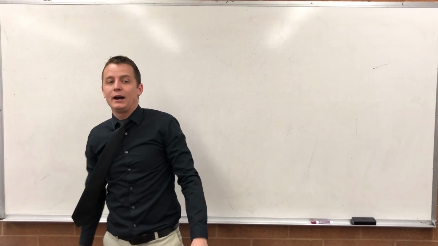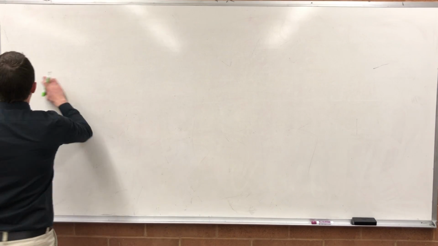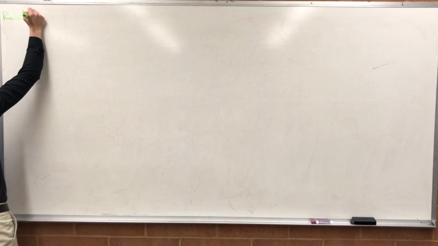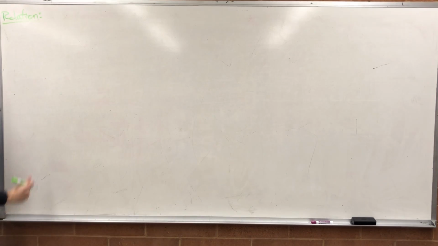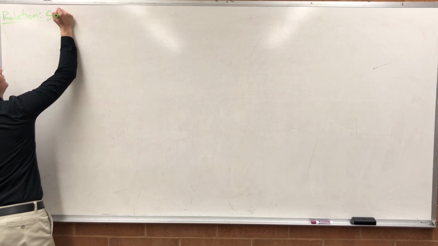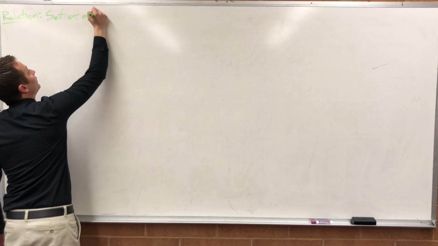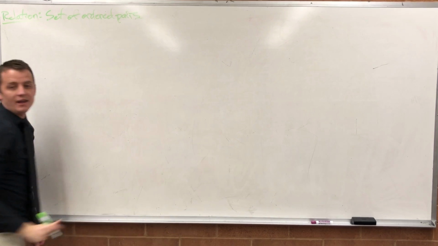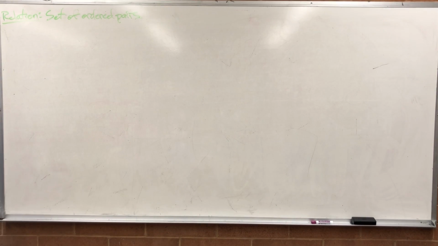So last time we talked about a relation. What's a relation? A set of ordered pairs, right? Good. And we talked about 5 properties on a relation.